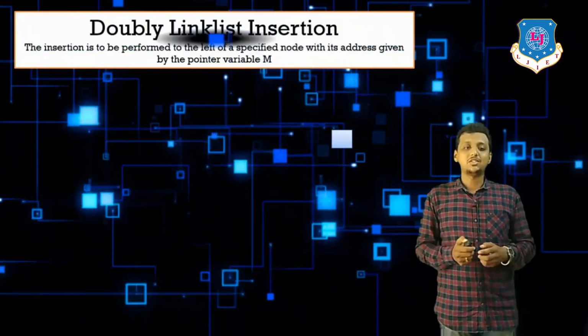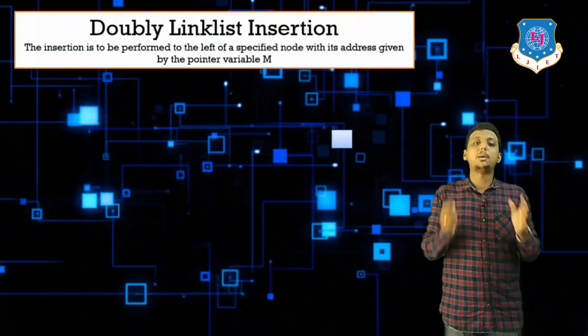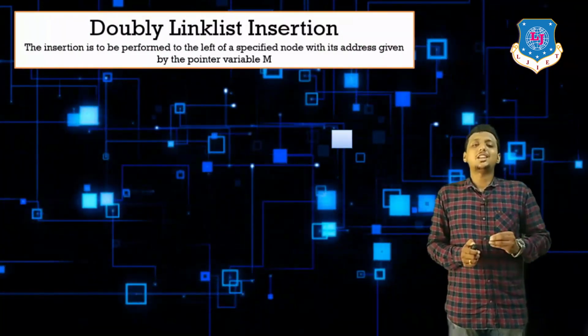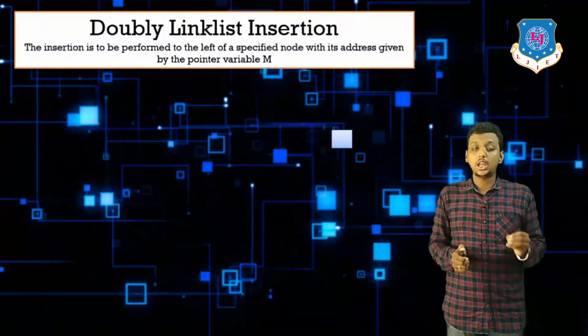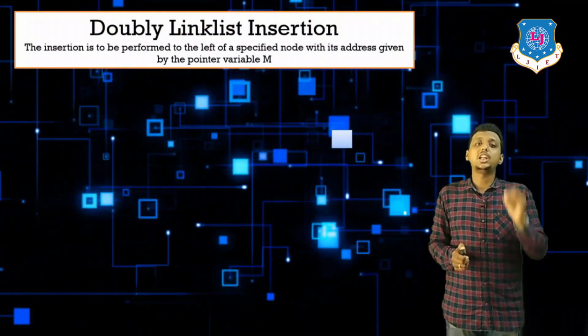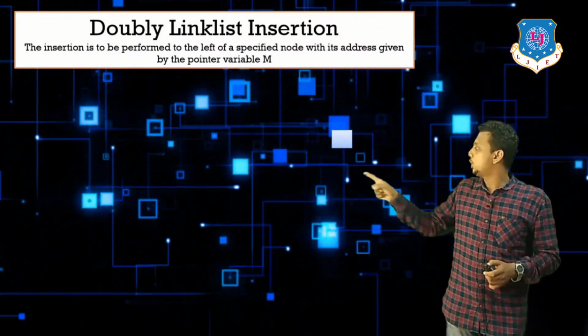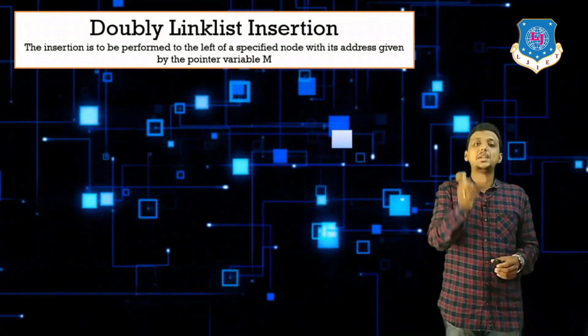Now, the next one is how we can insert a value in a doubly linked list. Students, this algorithm is specifically for the insertion in a doubly linked list. During the insertion, what we have specified is that we are going to insert on the left side of a specific node.